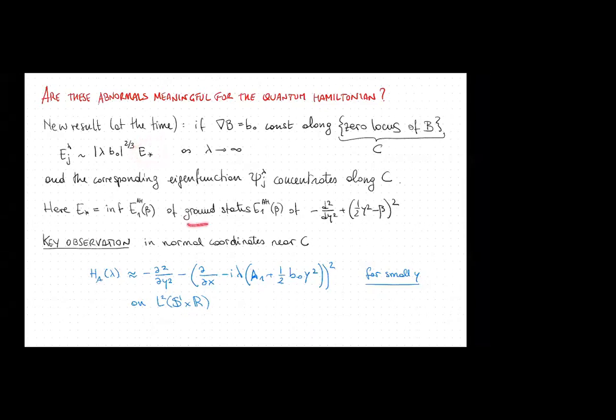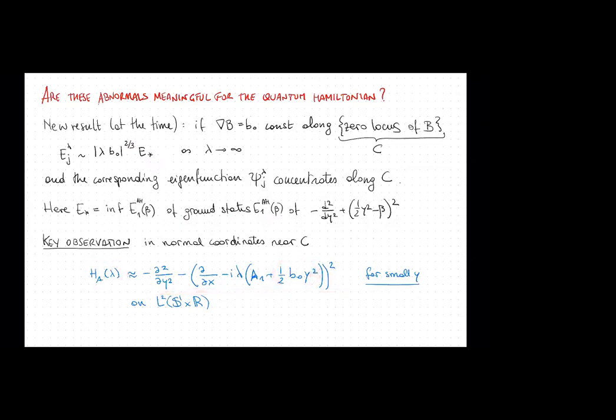The E star is the ground state of an anharmonic oscillator that you get by doing a normal form approximation on the curve. So you go on this zero locus, you make a normal form approximation, and you find that your Laplacian, the original one, is close to another Laplacian, which is of Martinet type.